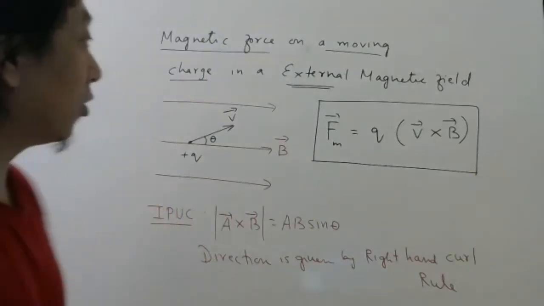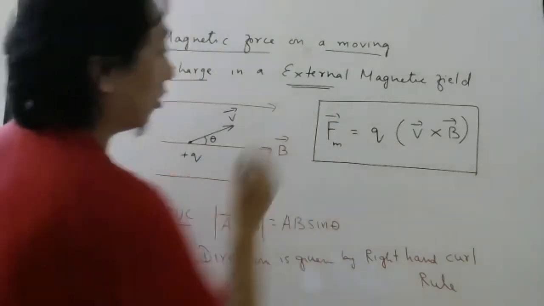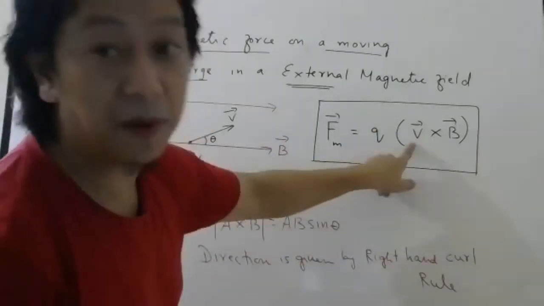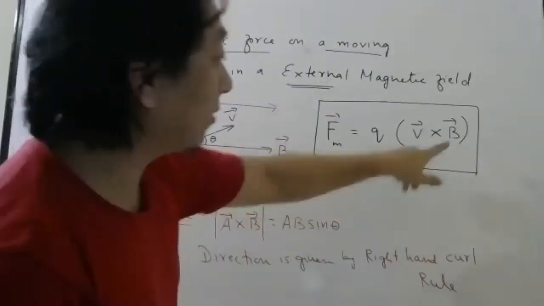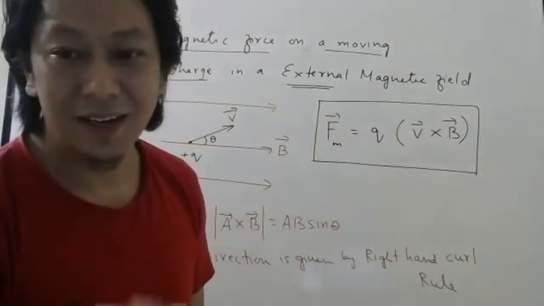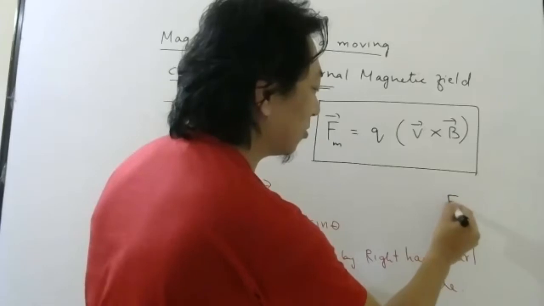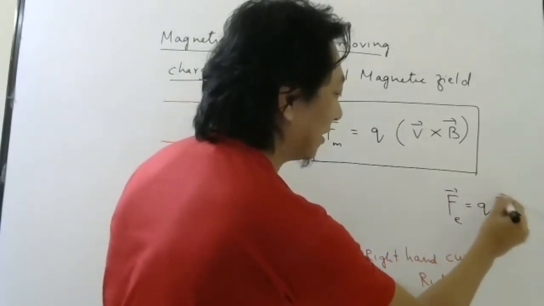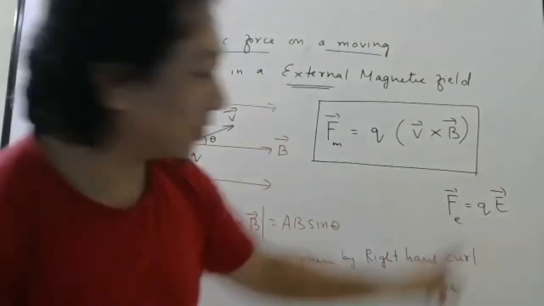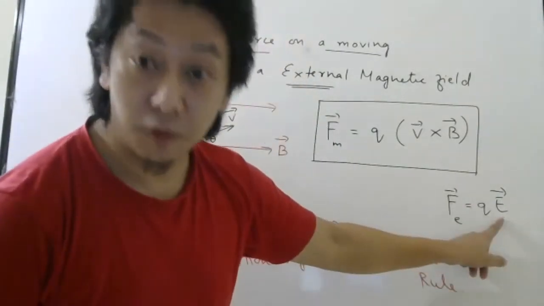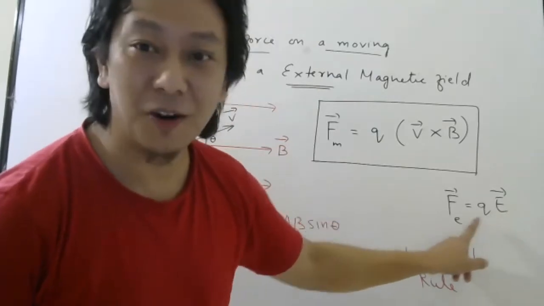The formula for magnetic force on a charge Q moving with velocity v bar in a magnetic field B bar is not a direct formula like in the electric field. In the electric field, the formula was so simple. Electrostatic force was Q into E. You remember, this was the formula for force due to electric field on a charge.